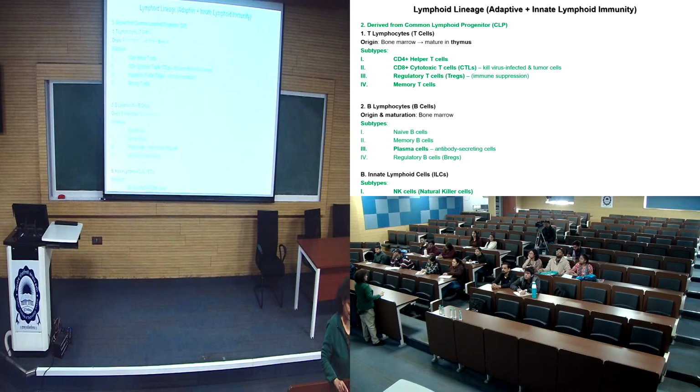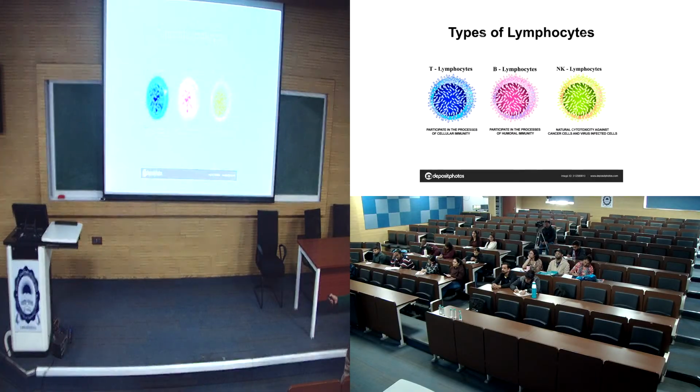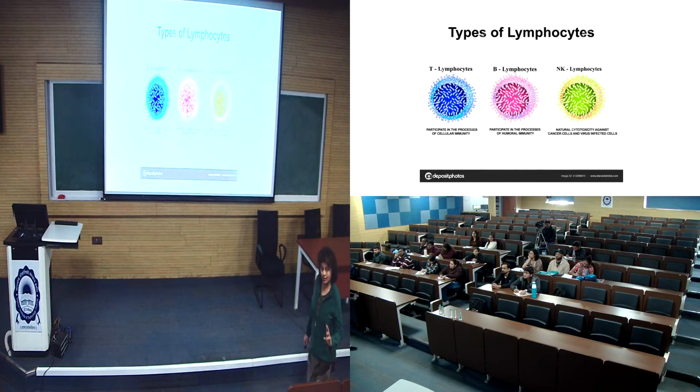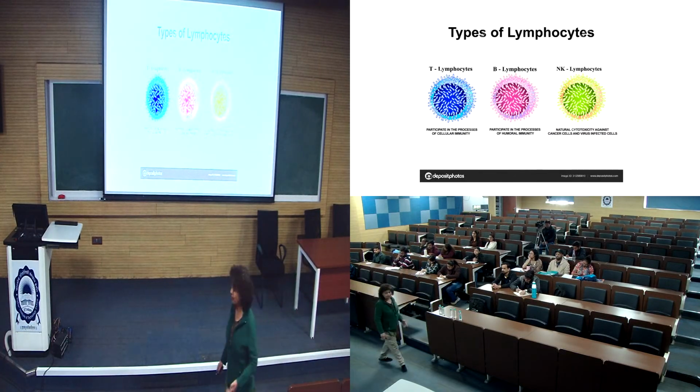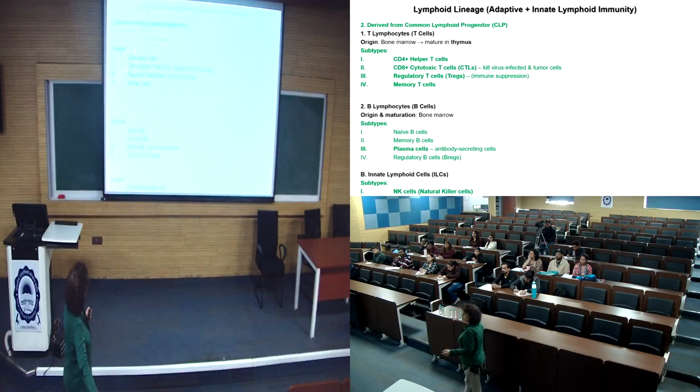Lymphoid lineage makes lymphocytes, three kinds: T cells, B cells, and NK cells. B cells are the ones which will make antibodies. There are many kinds of T cells, there are also many kinds of B cells, and then there is the NK cell. Now I'm going to show you a little bit more detail.